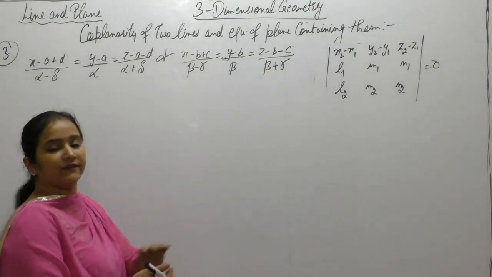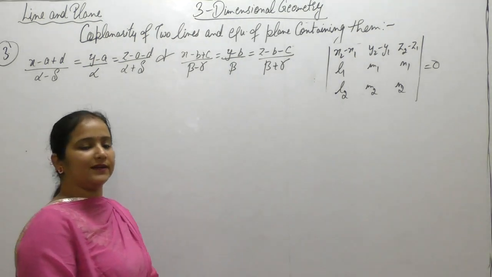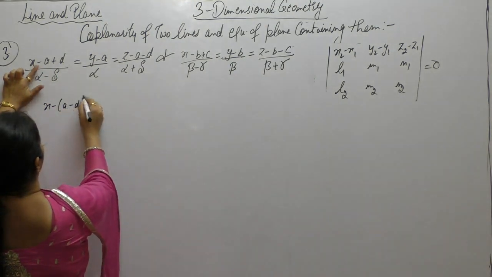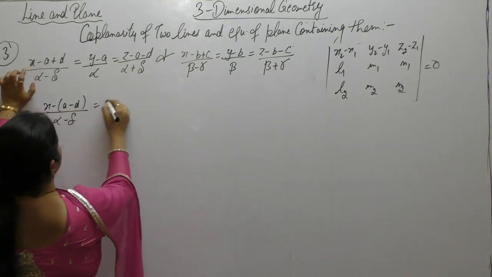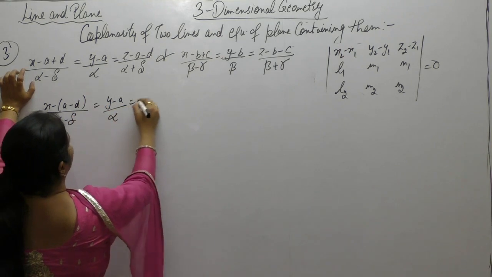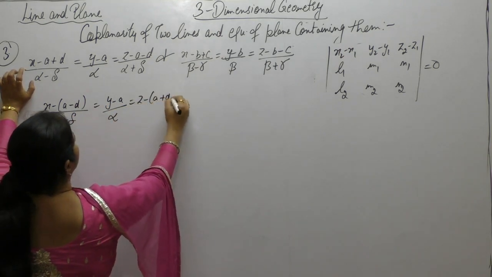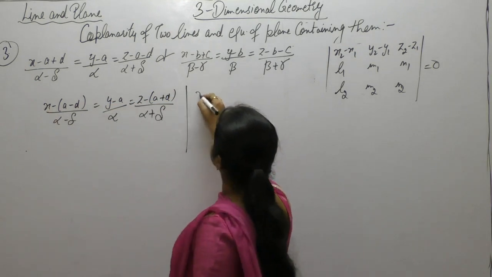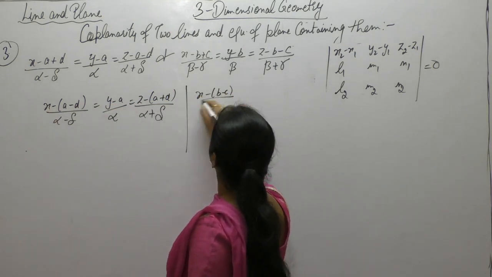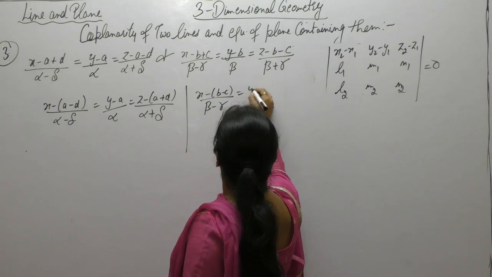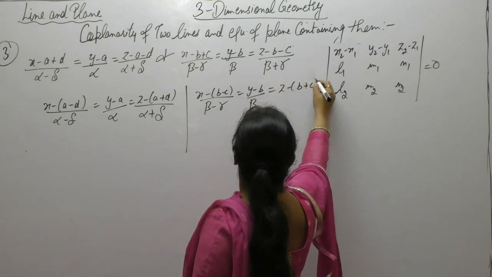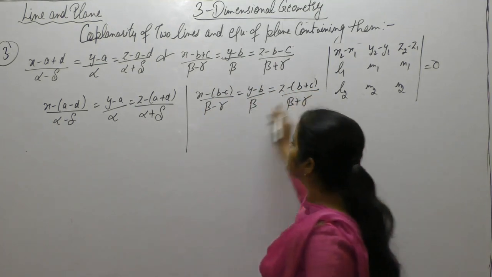First we have to find the values of x1, y1, z1, x2, y2, z2. We can write this as x minus a minus d, y minus a upon alpha, z minus a plus d, and this is x minus b minus c, y minus b upon beta, z minus b plus c upon beta plus gamma.